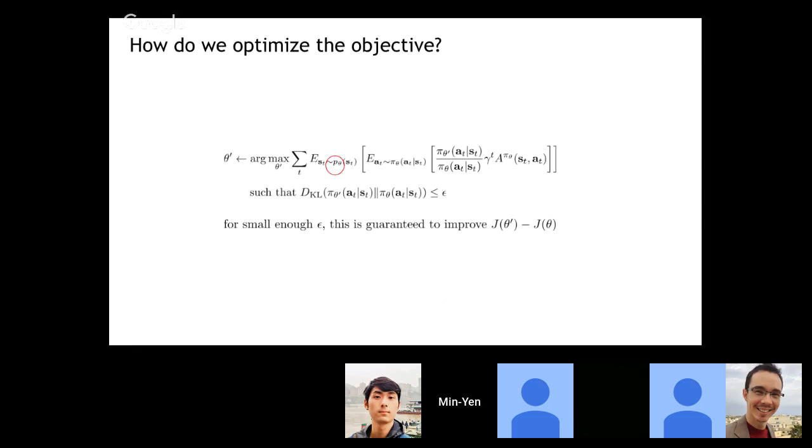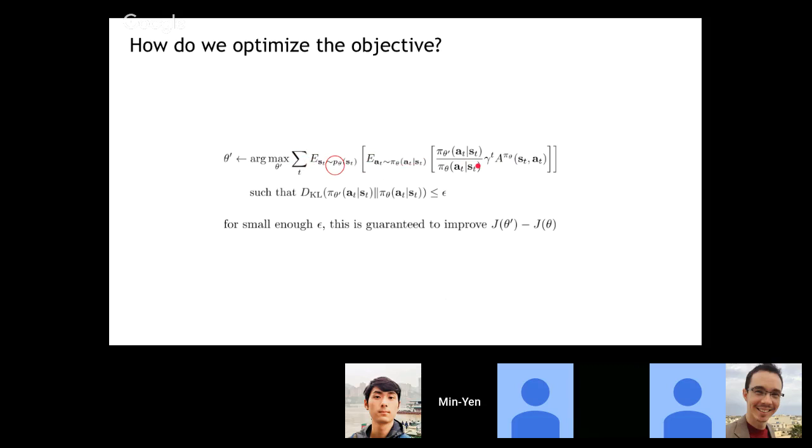So the next thing is, we bring all this together, then what does it mean to optimize the objective? If you recall, this whole string here is the approximate objective, J theta prime minus J theta approximate, because you're using theta instead of theta prime. And you want to find the argmax over theta prime. So essentially you want to optimize this.